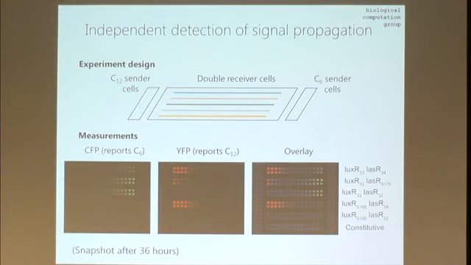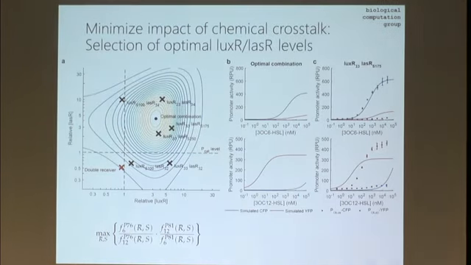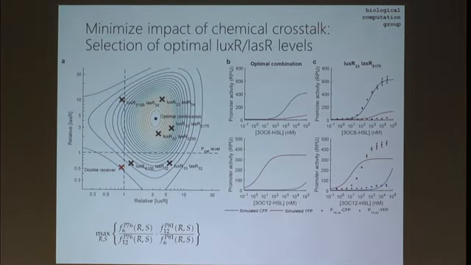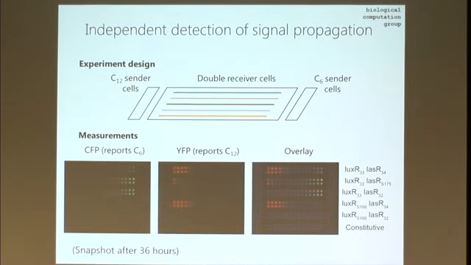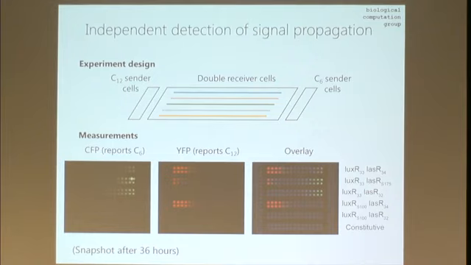And indeed, the best one that we could see was this LuxR 33 LasR S175, which was this one here. This is what we considered to be close to the optimal combination. It definitely gave the best responses to C6 and C12. It definitely reports C6, it definitely reports C12. Some of the other combinations you'll see didn't really turn on YFP in response to C12. Some of them didn't turn on CFP in response to C6.